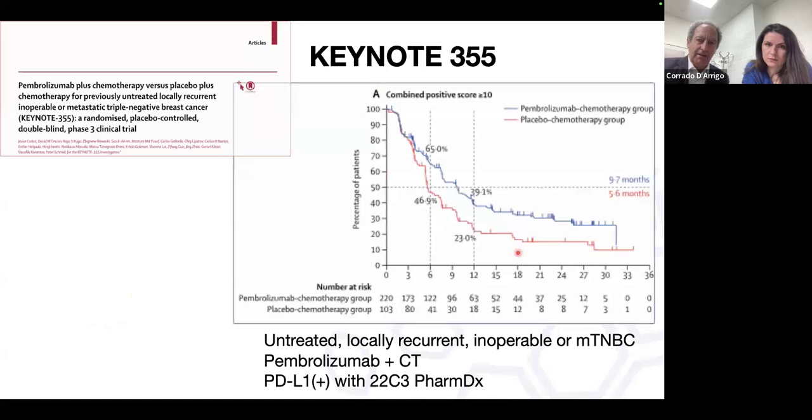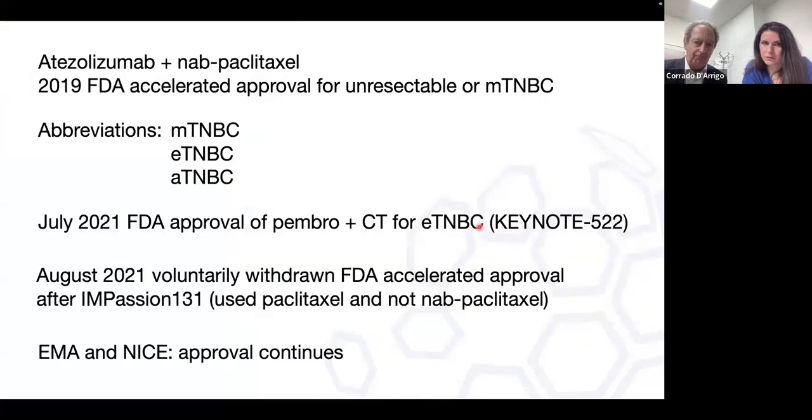A little bit later, Keynote 355, that is pembrolizumab in combination with chemotherapy of choice of the oncologist in the kind of same setting, untreated, locally recurrent inoperable or metastatic breast cancer. And this, remember, is an anti-PD-1 drug. And again, nice separation, FDA approval in 2019.